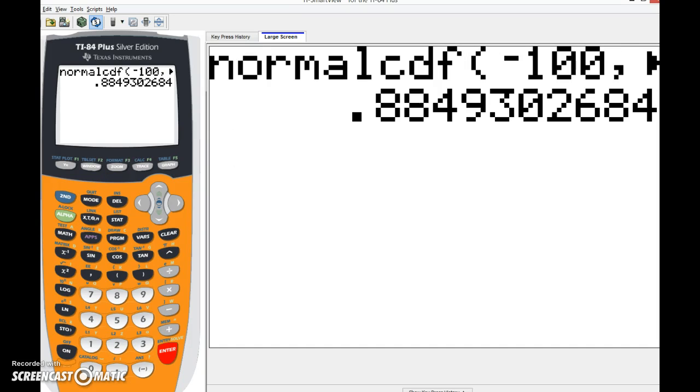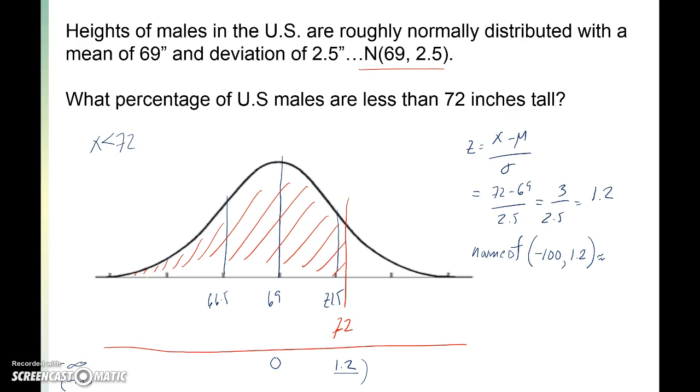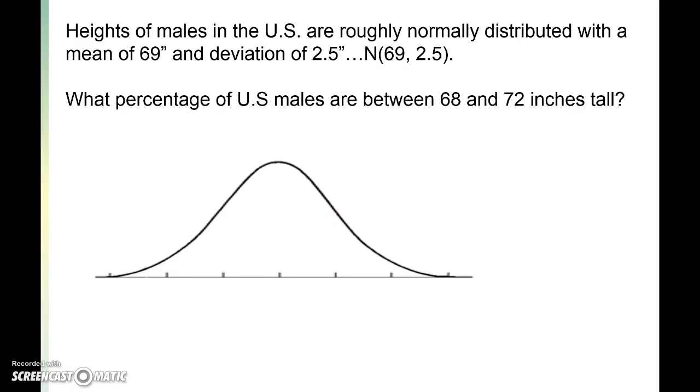Let's call that 0.885. So this is approximately 0.885, and that's about 88.5%. So to answer our question, what percentage of U.S. males are less than 72 inches tall? About 88.5%.